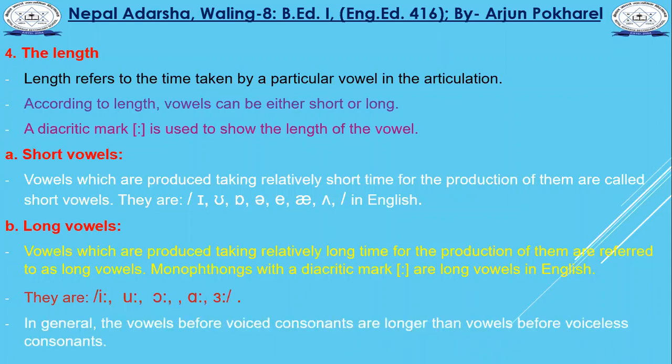What happens in general is that the vowels before voiced consonants are longer than the vowels before voiceless consonants. Even the same vowel, let's say a short vowel, is sometimes produced taking a very short time, and sometimes it can be produced taking a longer time. So the vowels before voiced consonants are longer than those before voiceless consonants.